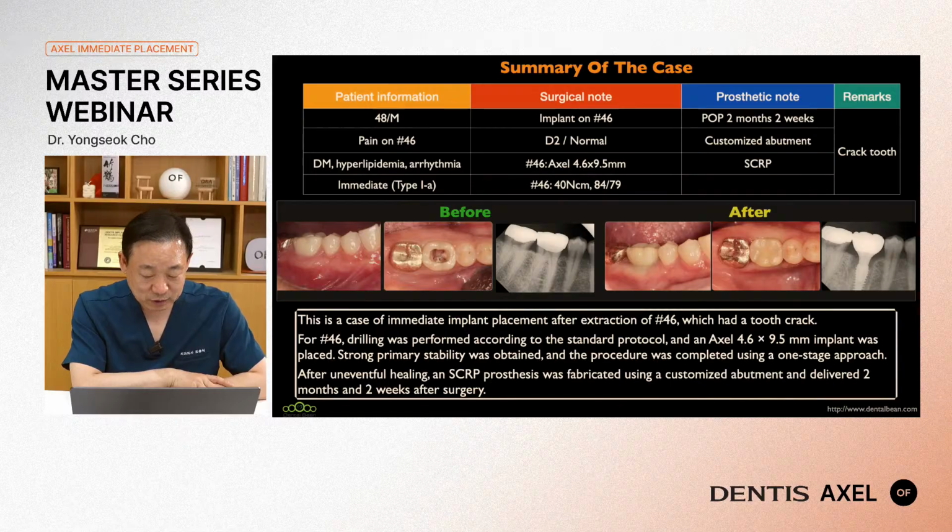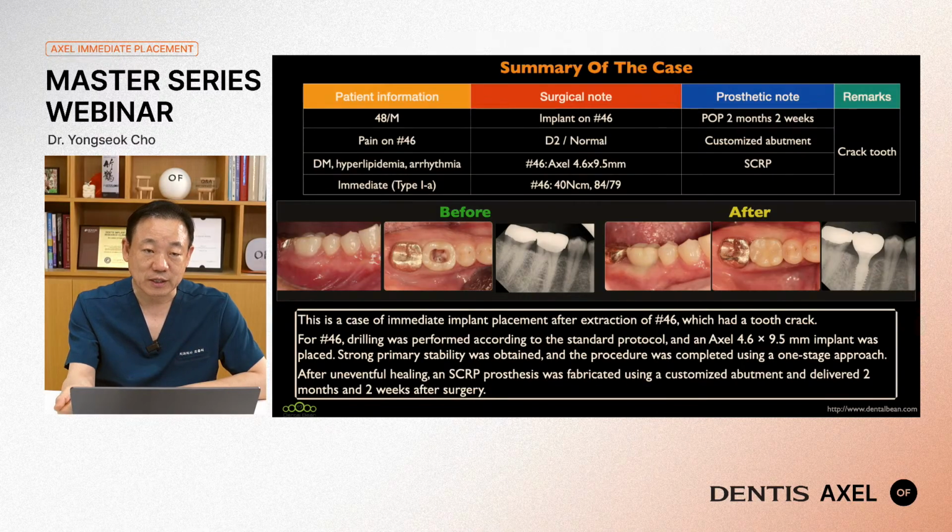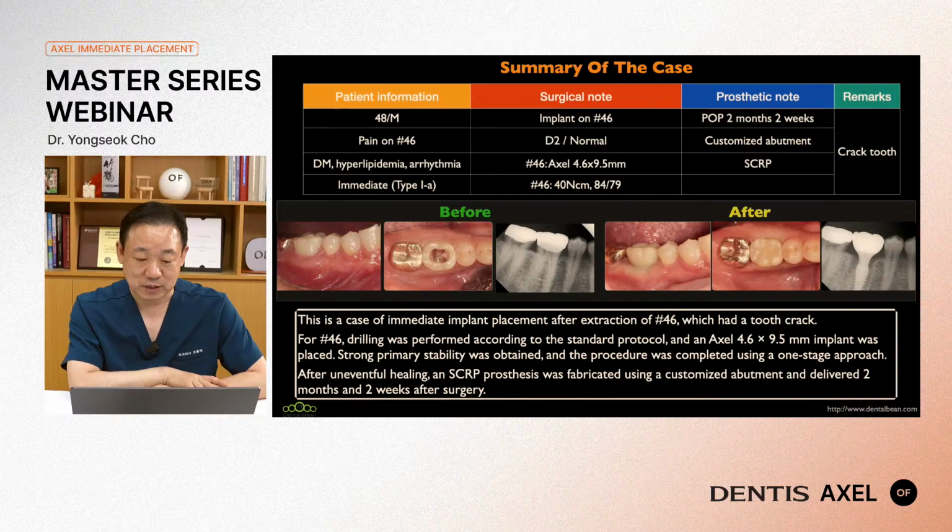Okay, immediate implant was done using a standard drilling protocol, because it was normal bone and everything was smooth sailing. I could get strong primary stability, and healing was also very nice. We can finish the restoration 2 months and 2 weeks after implant surgery.